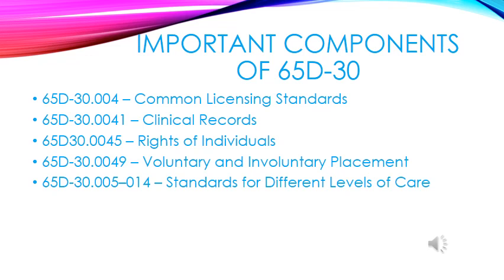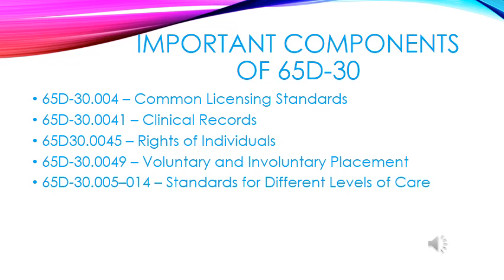The final section of the Administrative Code that we want to look at is Section 65D30, which are the regulations for the implementation of the Marchman Act related to substance use disorder services.